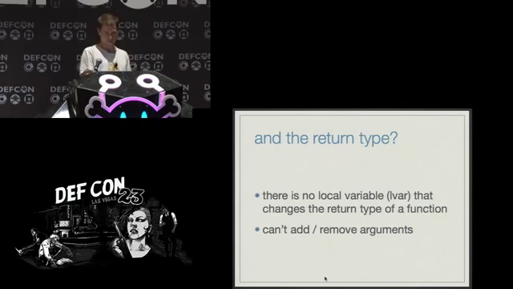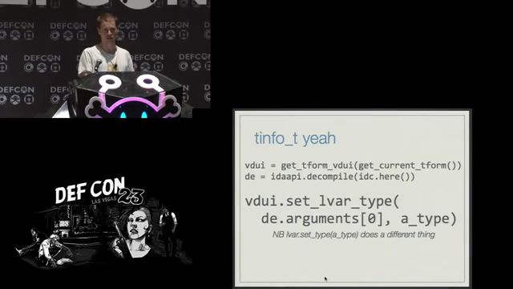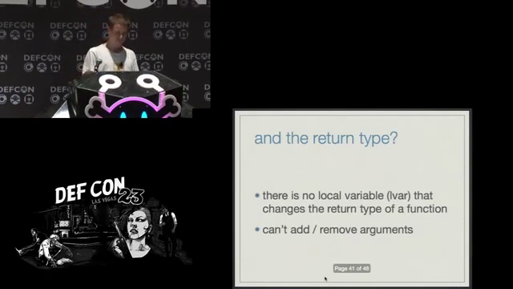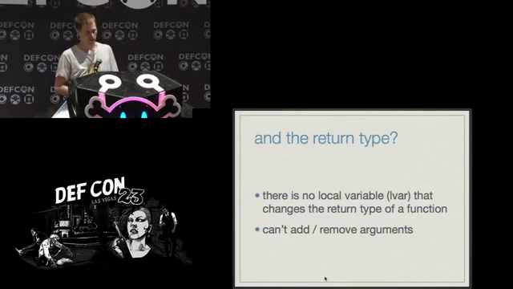So then there's the return type of the function. Right there I was changing the local variables that are the arguments of the function. But the return type, even though there's a local variable for the return value, if you change that type it won't actually let you do it, and it certainly won't change the return type of the function.